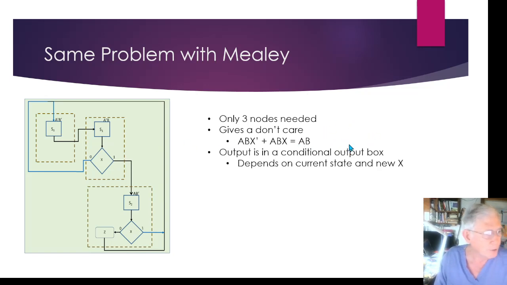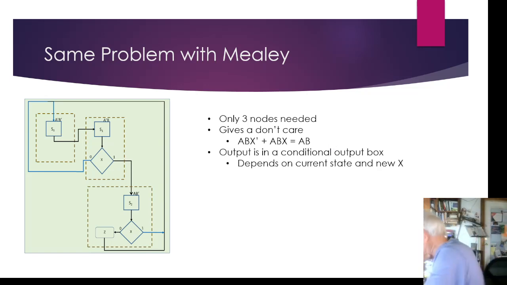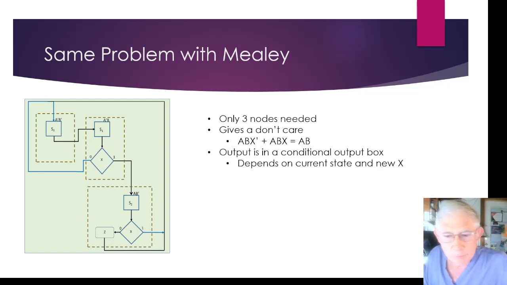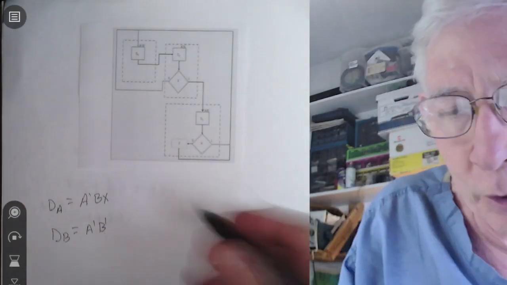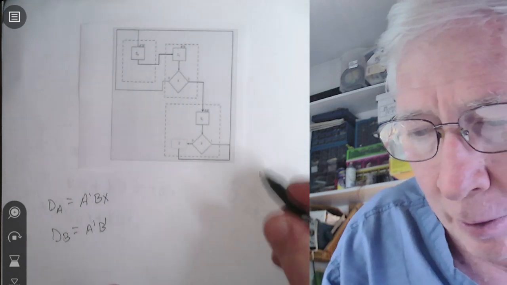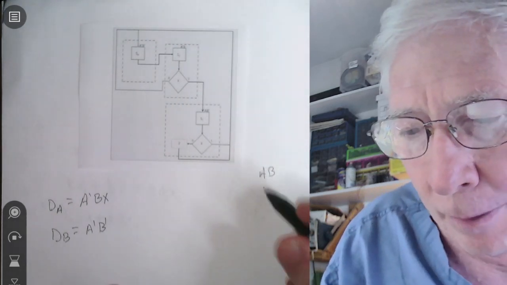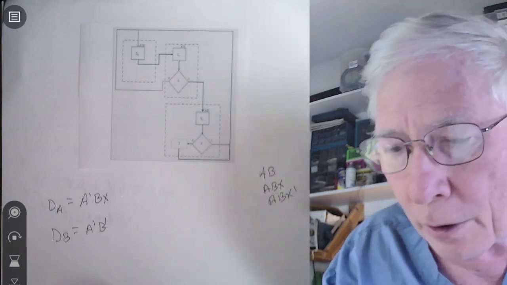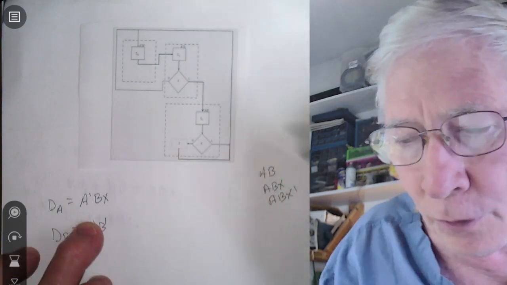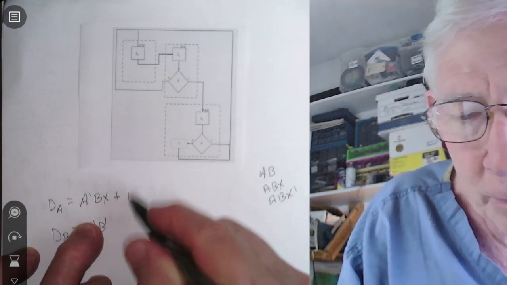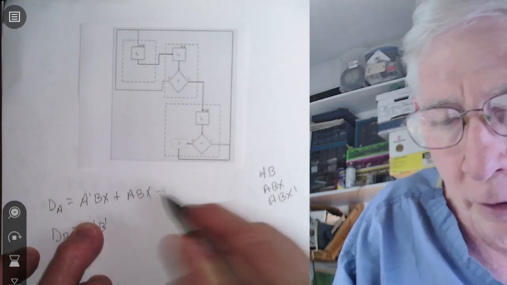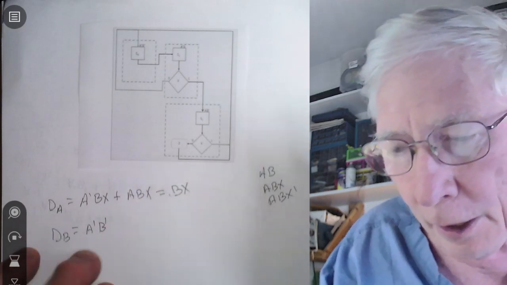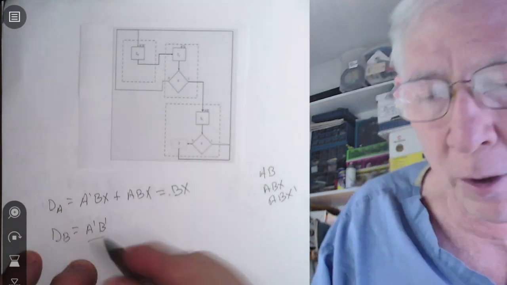So if we do that, let's see if any of those are helpful. So we can use don't care, ABX or ABX prime. Well, let's see. ABX would be useful. We can combine it with this one, and that will just give us BX. And this one's about what it can be.